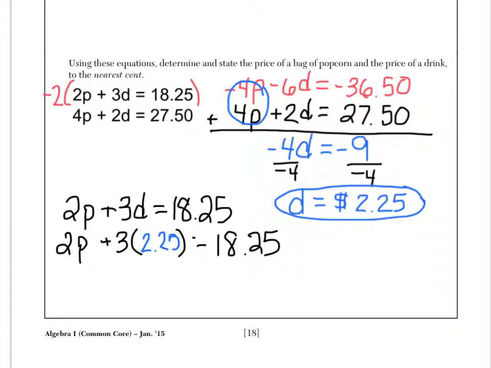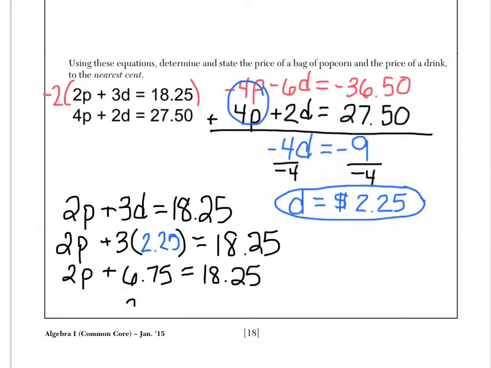If I just keep going and simplify 2p, and I simplify 3 times $2.25, I get $6.75 equals $18.25.